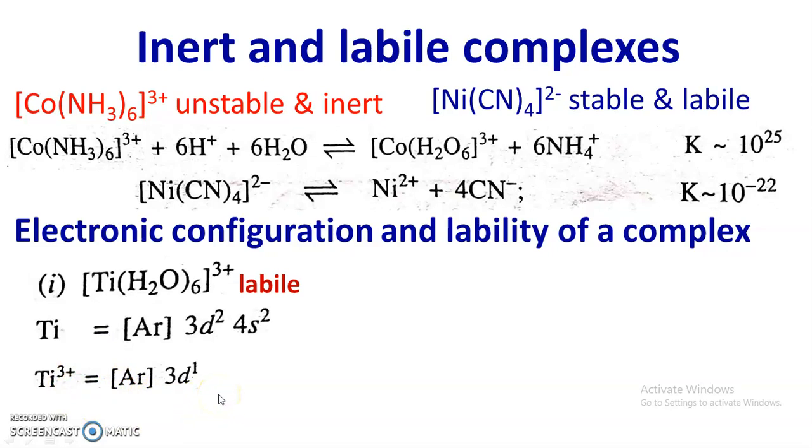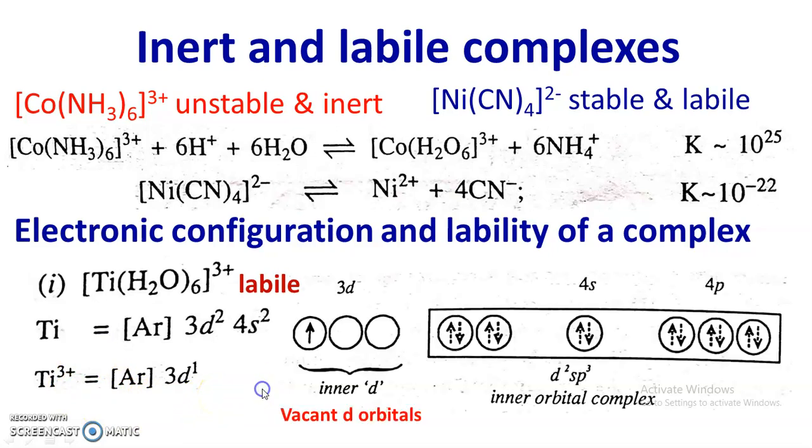So there is one electron in the d orbital, and it is an inner orbital complex with d2sp3 hybridization, and you can see here that the inner d orbitals are vacant, and therefore this complex is labile. Now this can be explained on the basis of its mechanism.